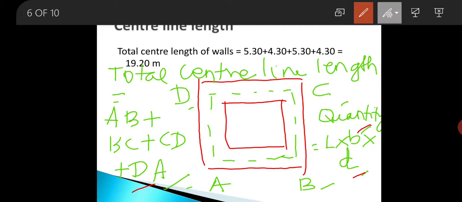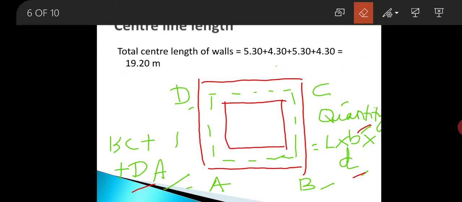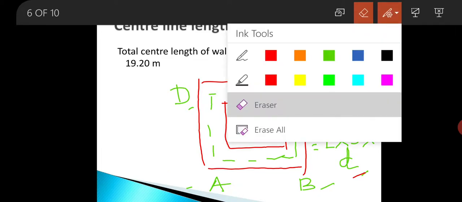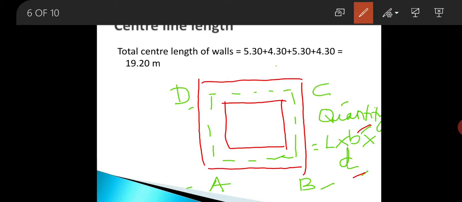So this can be written as, this total center line length into B into D can be written in this manner also.